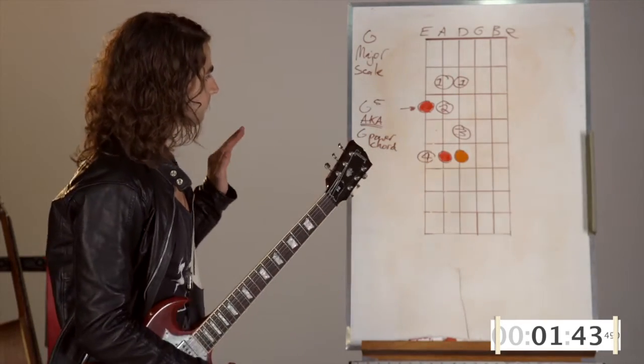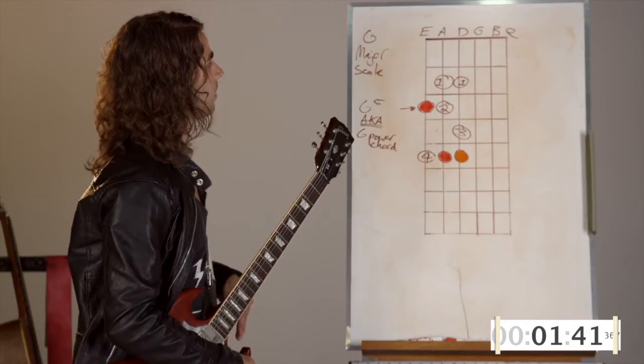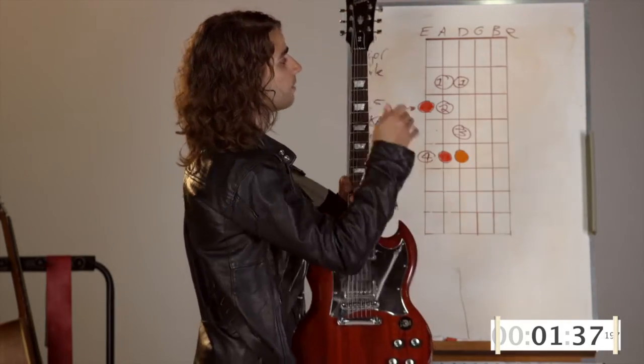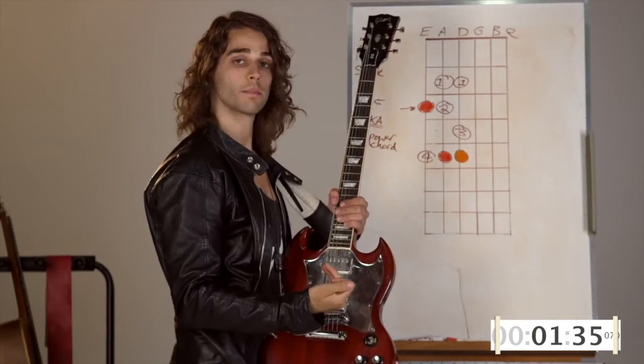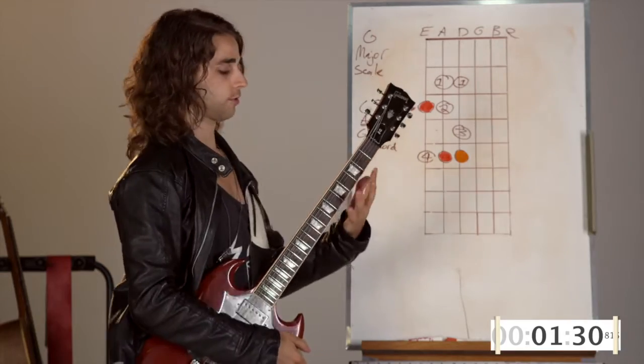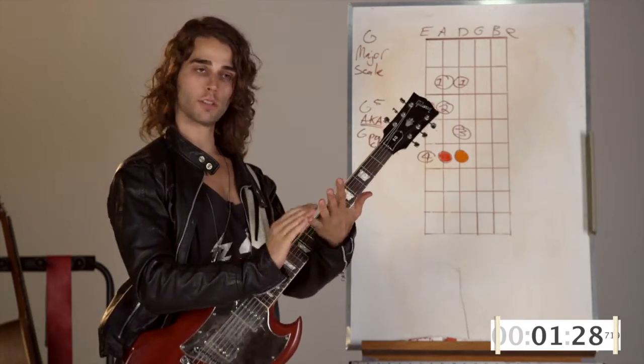So, this is the rundown of a lot of things. The diagram of your guitar, right? We plunk in some notes. The numbers are just referring to your 1, 2, 3, 4s, right?